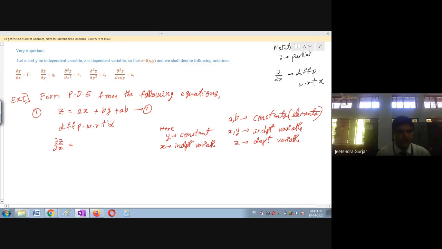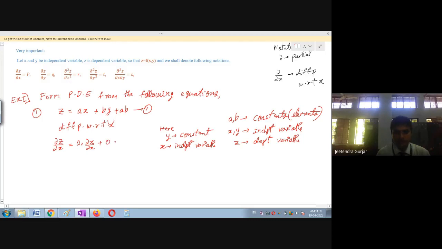Okay. So a is constant. Next, x is the variable, so differentiation of x is 1. So we write a into dou x upon dou x plus. Next, b is also constant, y is also constant.